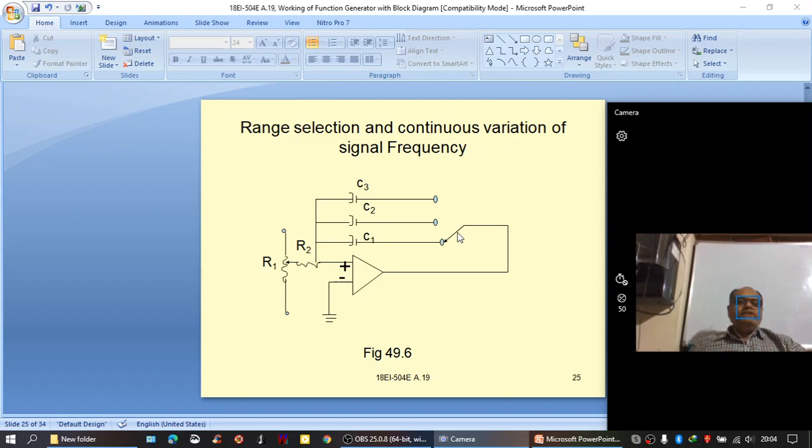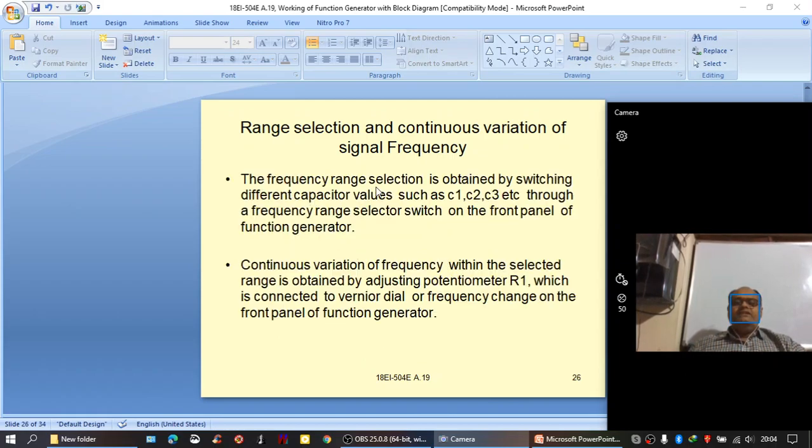That is how we can vary the frequency in coarse adjustment and fine adjustment, by selecting multiple capacitors with a range switch and by using a variable resistor, that is a potentiometer. The frequency range selection is obtained by switching different capacitor values such as C1, C2, C3, etc. through a frequency range selector switch on the front panel of the function generator.